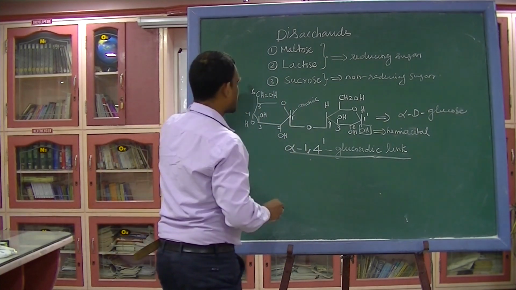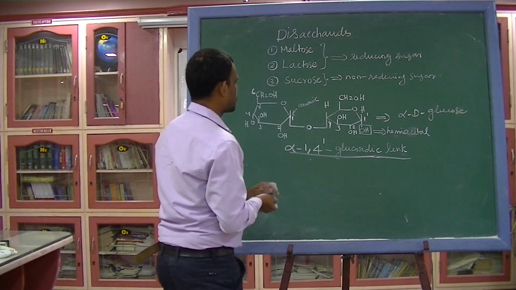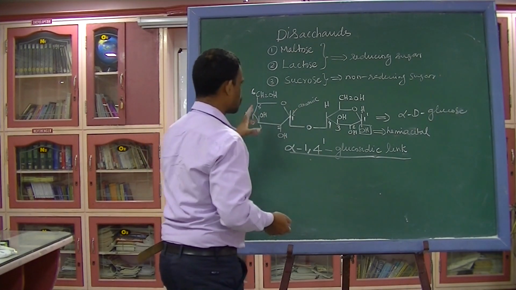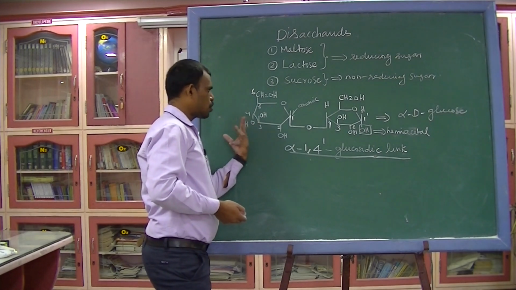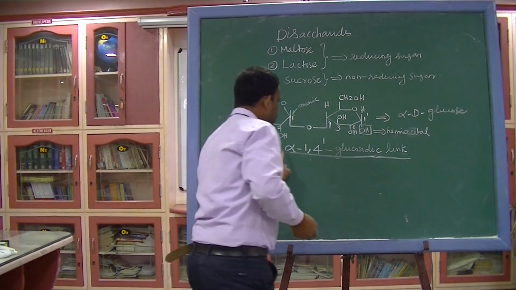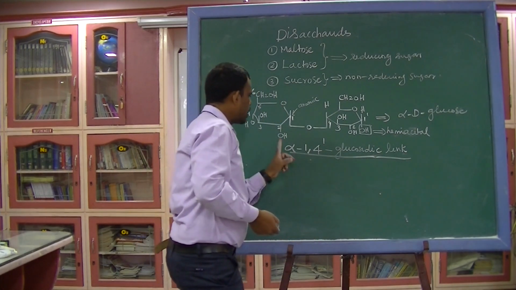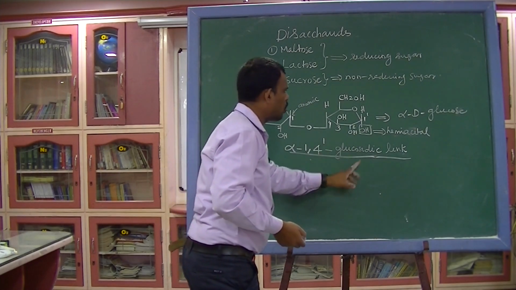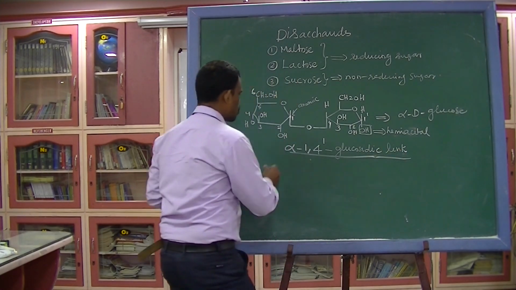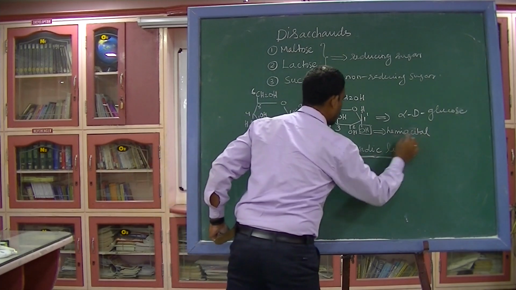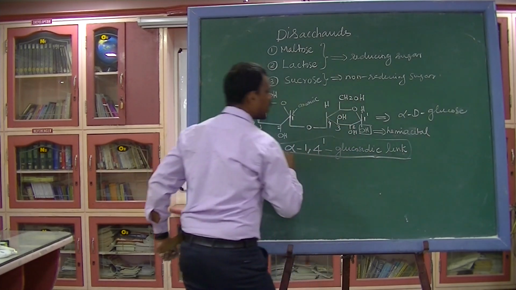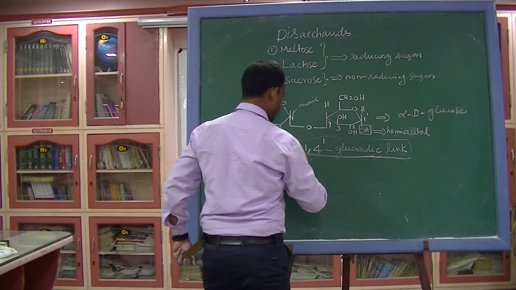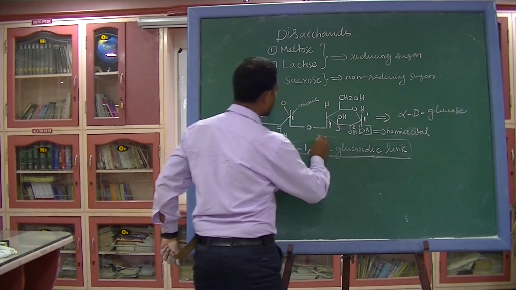So this is the structure of maltose, with two alpha D glucose units connected by the alpha 1,4 glycosidic linkage. This is most important: what the subunits are, whether alpha or beta, and which carbon is connected to which carbon.